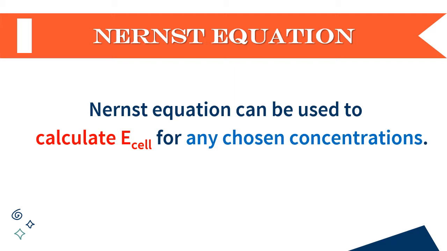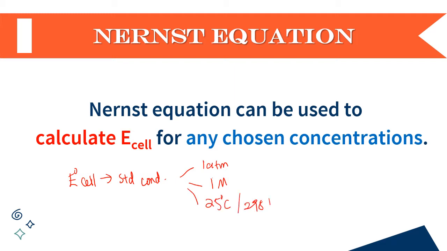What does that naught sign mean? It means all the reaction happens at standard condition. Still remember your standard condition? So for E0 cell, it must occur at standard condition. Our standard condition is 1 atm pressure, 1 molar concentration, and 25 degrees Celsius or 298 Kelvin.